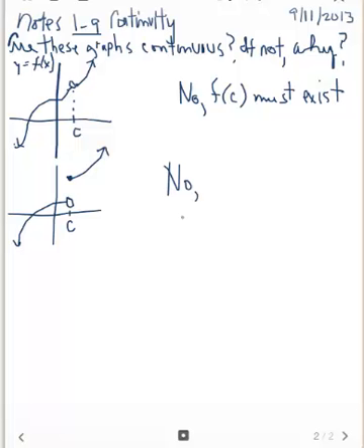Why? It's not continuous because the left limit doesn't equal the right limit. We have a jump discontinuity. So this graph is not continuous. It has to be true that the left limit equals the right limit. So let's look at that notation.